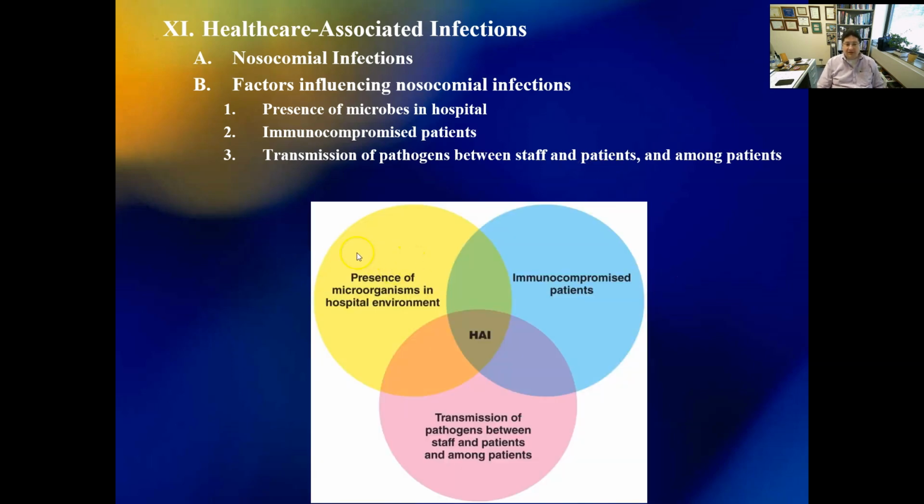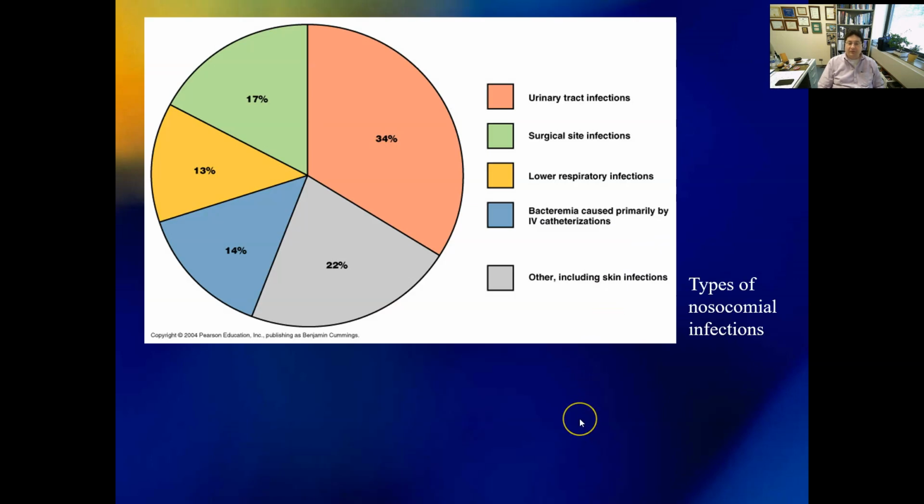So if you look here, what kinds of microorganisms are in the hospital environment? What about immunocompromised patients? And what about transmission? And where those all overlap, this is where you get your healthcare-associated infections or nosocomial infections. Types include the following. I'll just show you this visually.